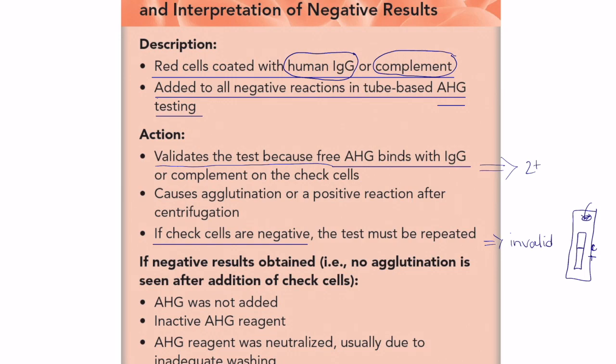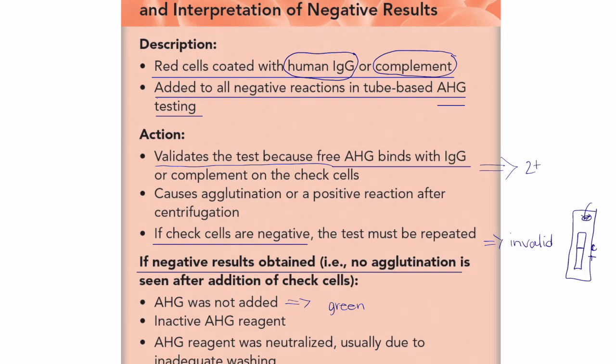If it is negative though and it is invalid, why? We want to know why. Well, occasionally you might get distracted because you're in blood bank and it can get kind of crazy. You forgot to add AHG. Well, it's green. It didn't used to be green, but it is now to help us prevent this. So it's green to help us visualize that we did add it to the test.